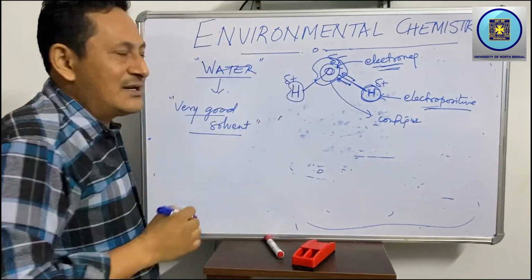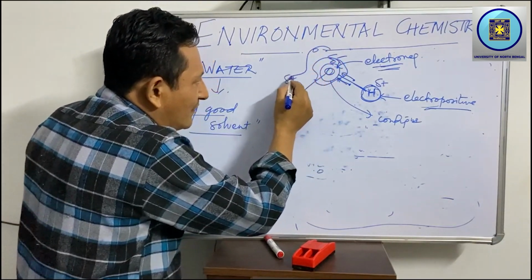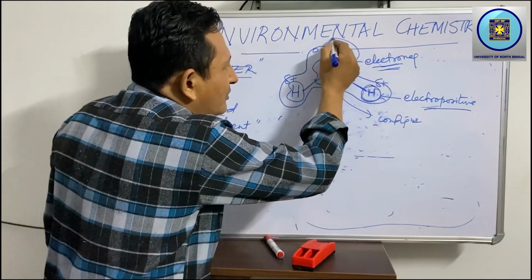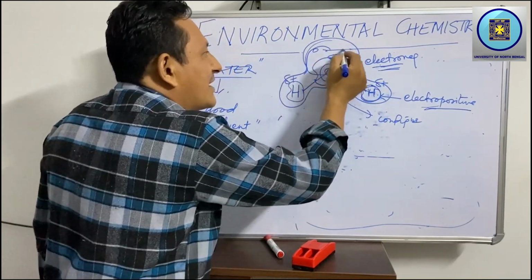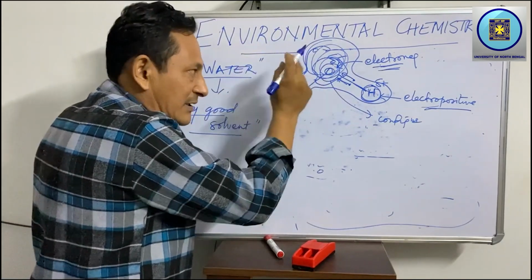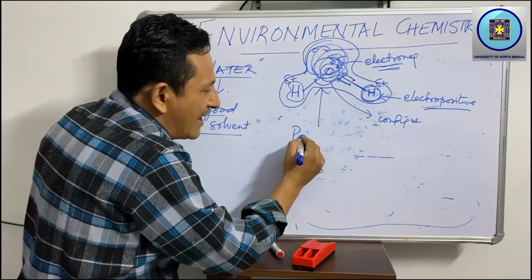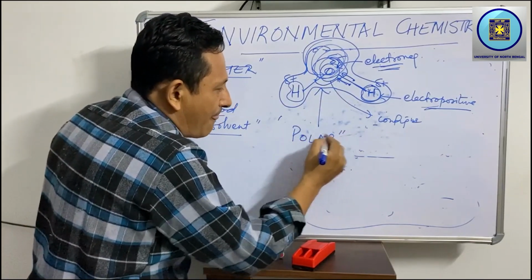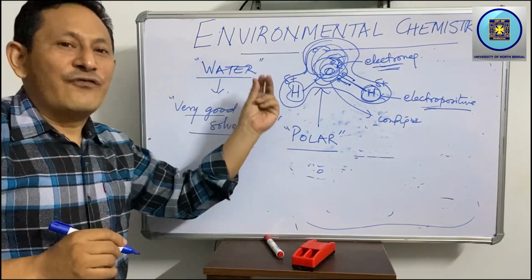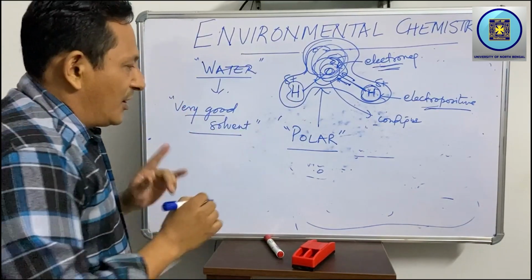What we are trying to show is that this part of the molecule is deficient of electrons, while this part of the molecule has an excess of electron density on it. When this happens in any molecule, we say the molecule is polarized, or we call it a polar molecule. So water is a very polar molecule. This is very important.